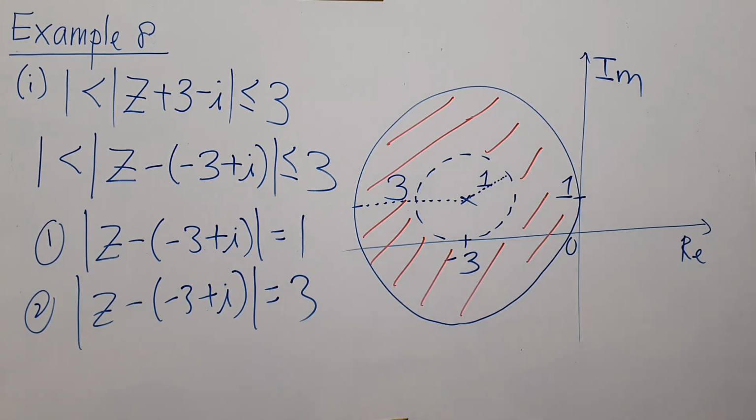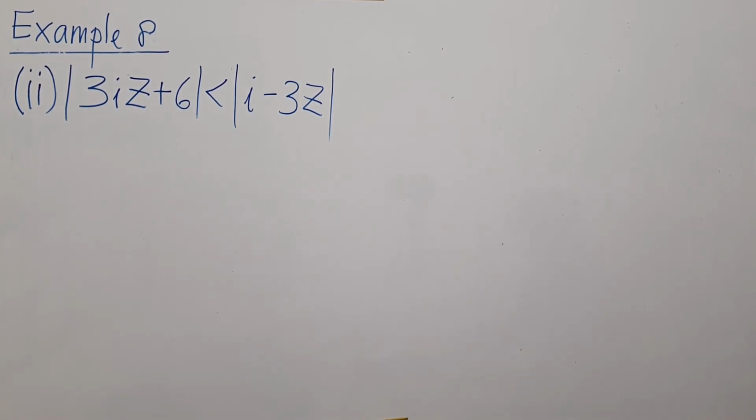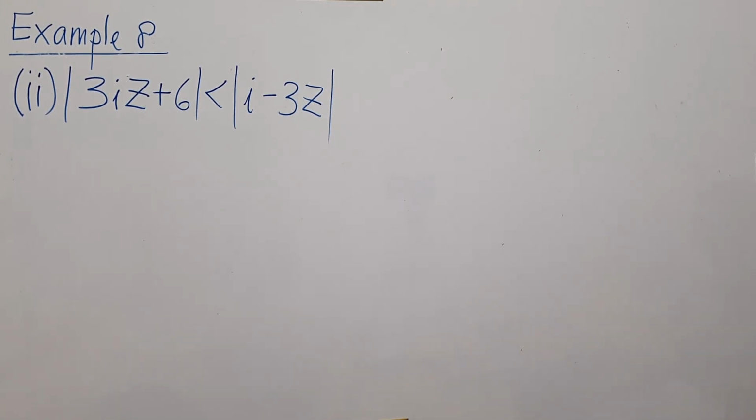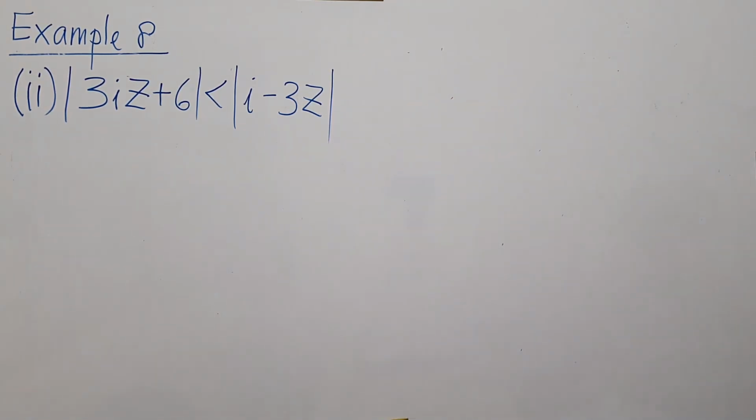And this is example 8 part 1. In the case of example 8 part 2, you are given an inequality, but you find that it is very hard to make interpretation based on just this. So when you see an inequality or equation that's hard to interpret, you have to do some tidying up.